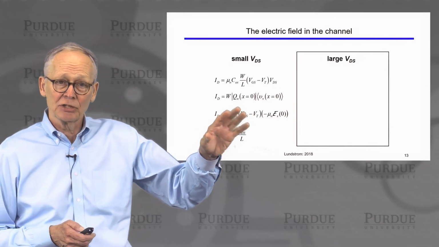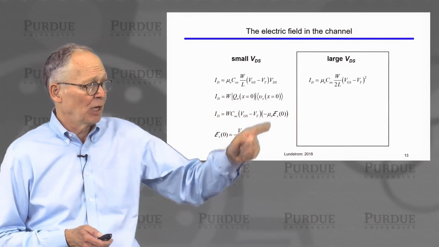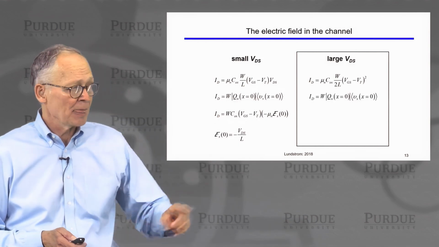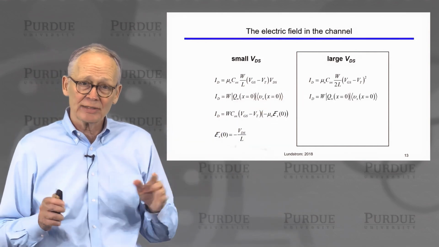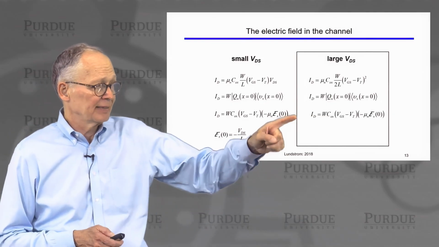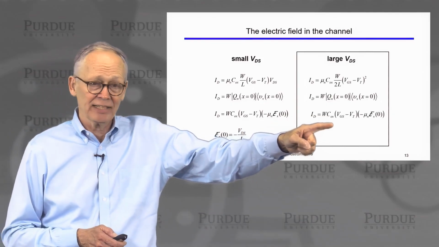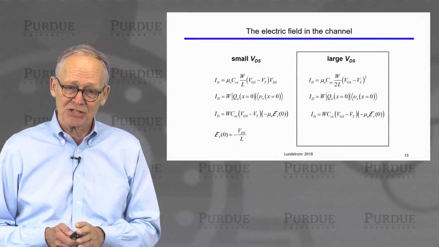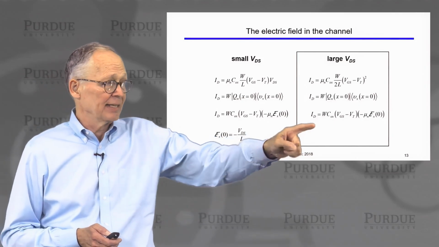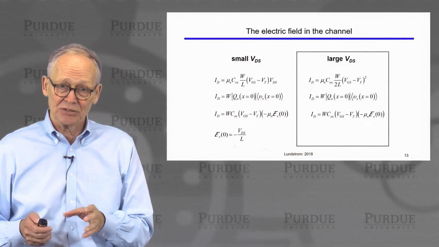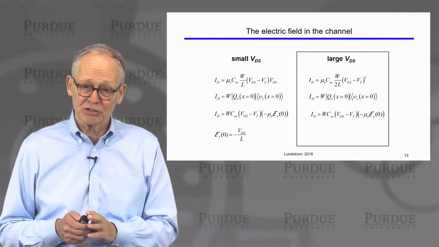What happens under large drain to source voltage? Well, we have an expression for the current now, our square law expression. We know that current is always proportional to charge times velocity. The charge at the beginning of the channel, where the voltage in the channel is 0, is still Cox (Vg minus Vt). The velocity is minus mobility times the electric field at the source end of the channel.